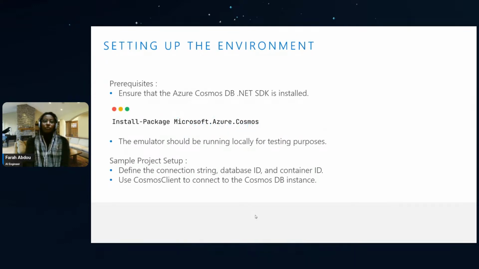For the .NET SDK, we need to make sure the Azure Cosmos DB package is installed, so we run install package Microsoft.Azure.Cosmos, and the emulator will be running so we can test our applications. Then we define the connection string, the database ID, and the container ID, and use the Cosmos client to connect to the Cosmos DB instance.